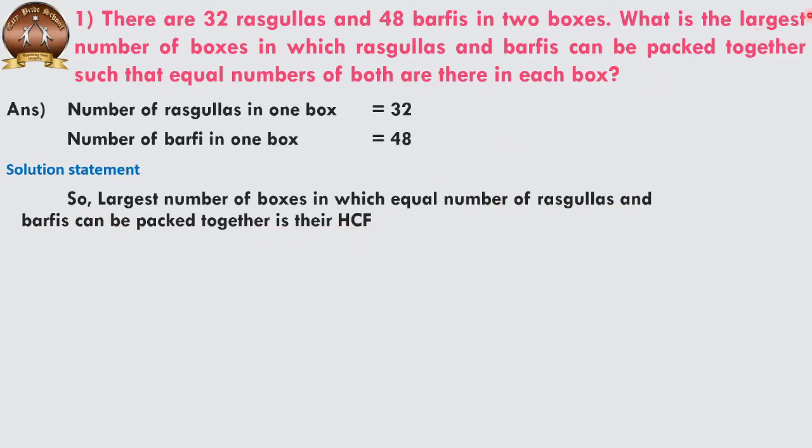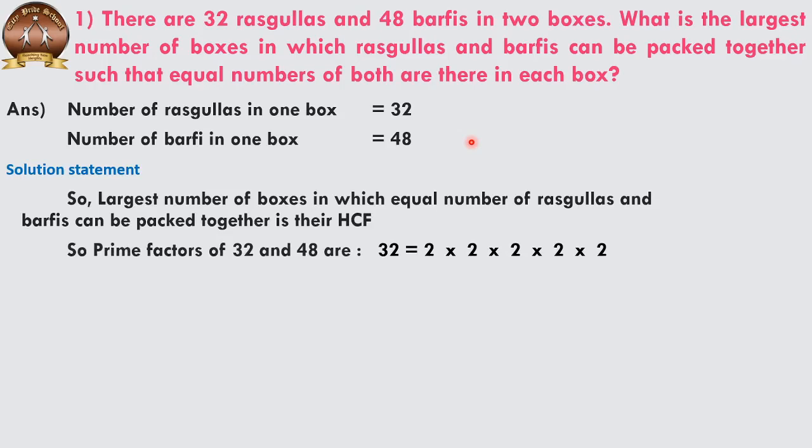Whenever they say the largest number, we have to find the highest common factor. They say largest number, but this number is always smaller than the numbers we are talking about, like 32 and 48.